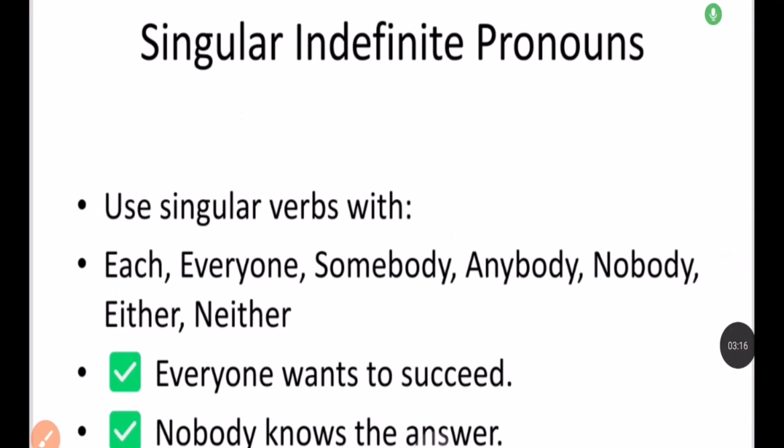Let's talk about indefinite pronouns. We will use singular verbs with indefinite pronouns. Example, everyone wants to succeed. Second one, nobody knows the answer.